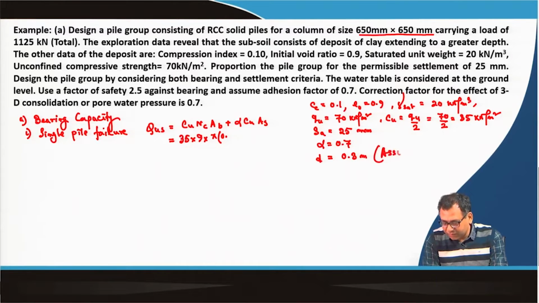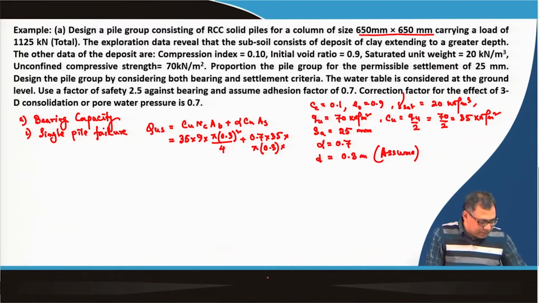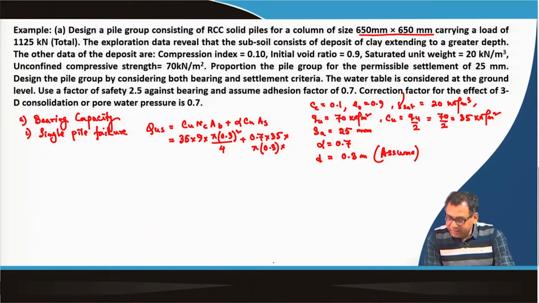So it is pi d square by 4, then alpha is 0.7, Cu is 35, into pi d L, d is 0.3, and L is taken as 15 meter. So for the first trial L is taken as 15 meter.